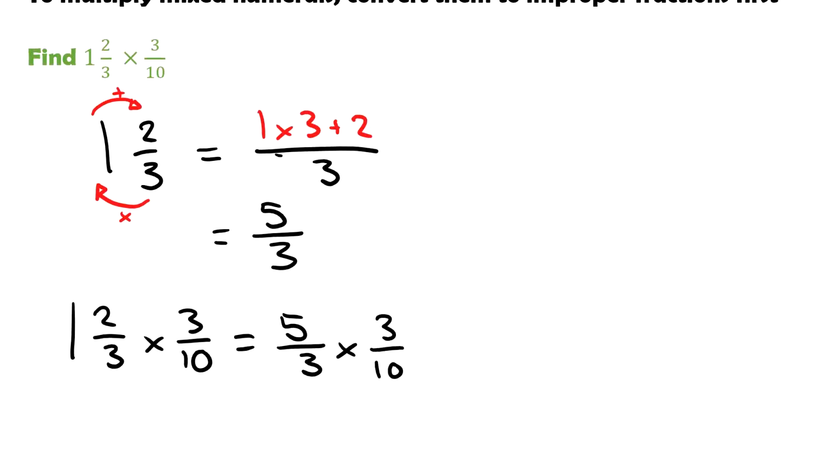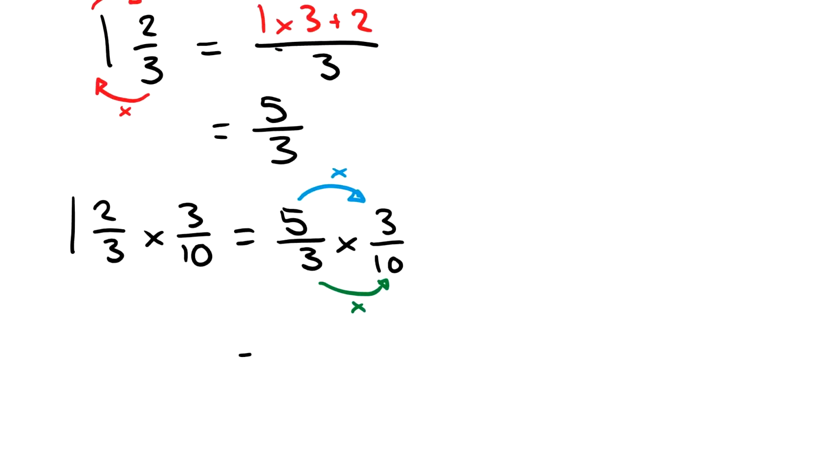And at this point we do what we were doing before. We multiply the top, our numerators, and we multiply our denominators on the bottom. So 5 times 3. But before we begin, what can we do? Notice there's a 3 and a 3 here, so they can cancel out and we're left with 1 and 1.